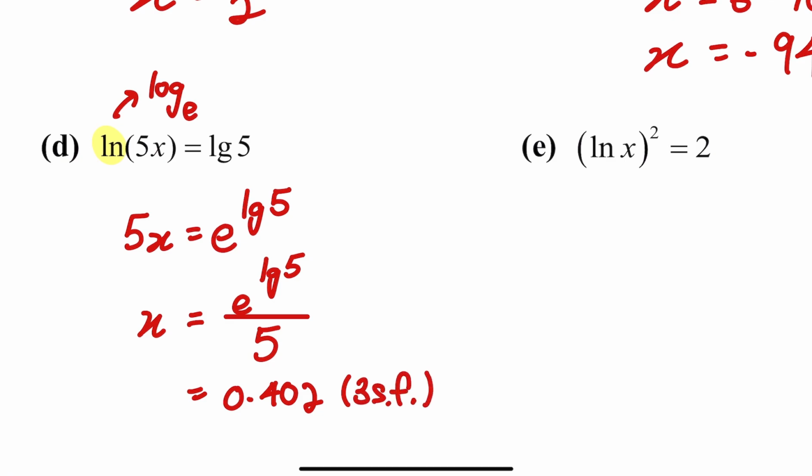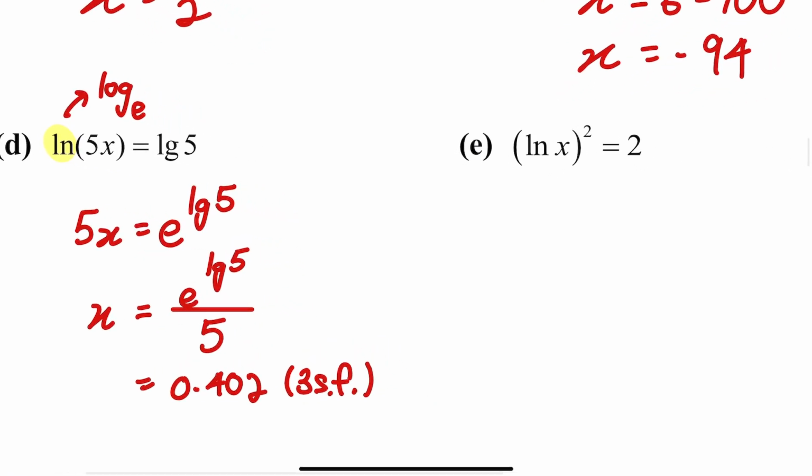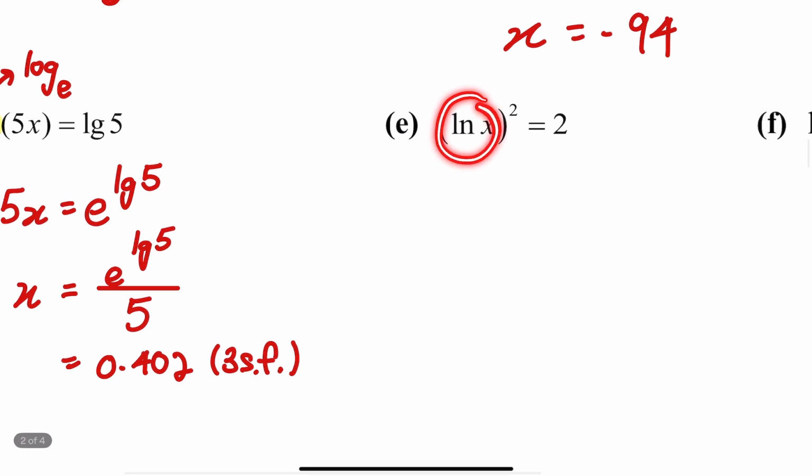Okay, part E now. Ln x, the whole thing squared, is equal to 2. So when I want to find what is ln x, I take square root. Take note when I square root any unknown numbers, I must have a plus minus. So this means that ln x is equal to plus minus square root 2.